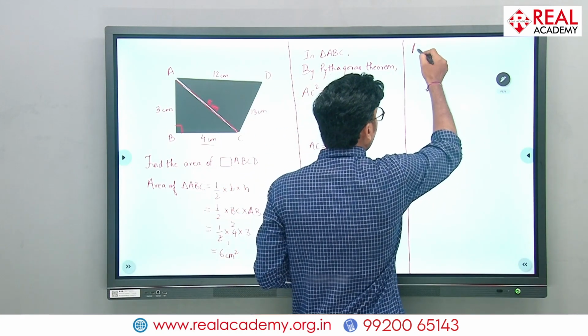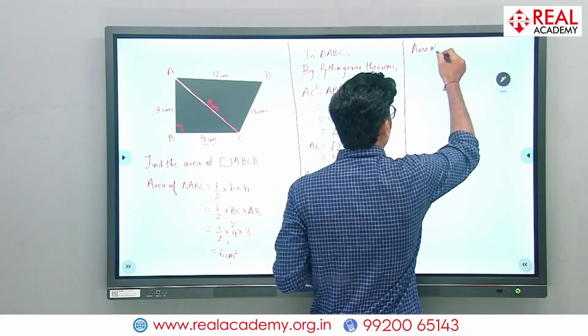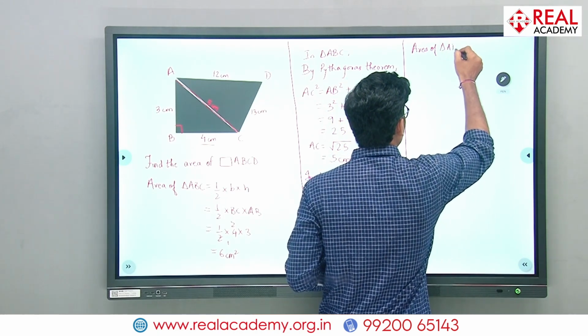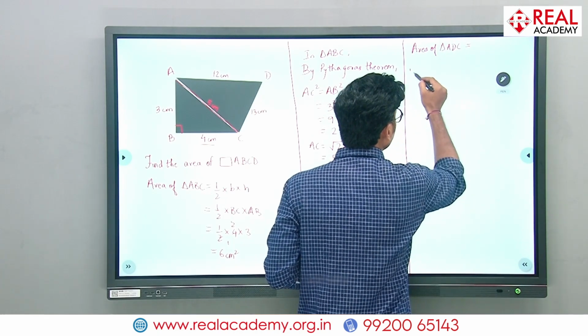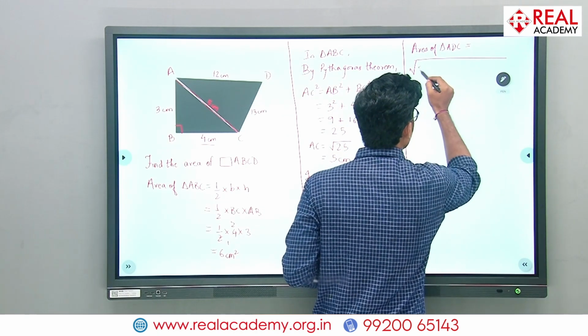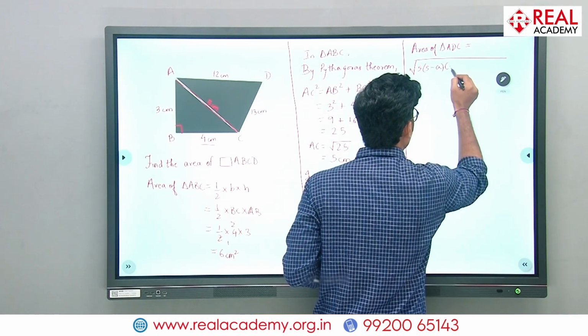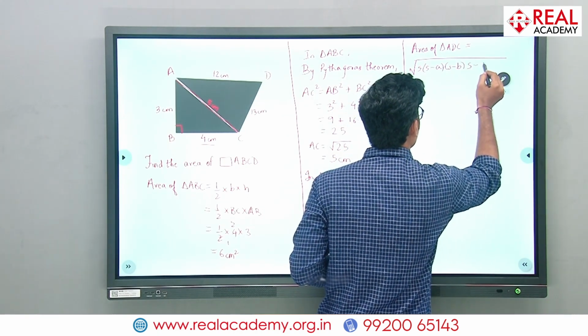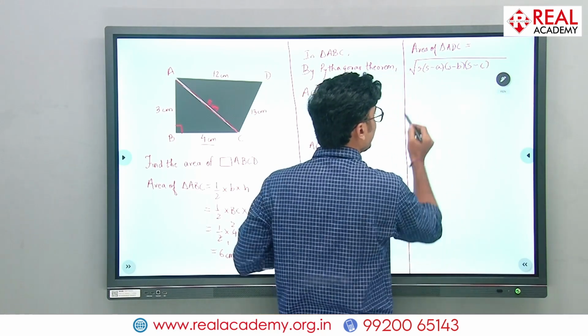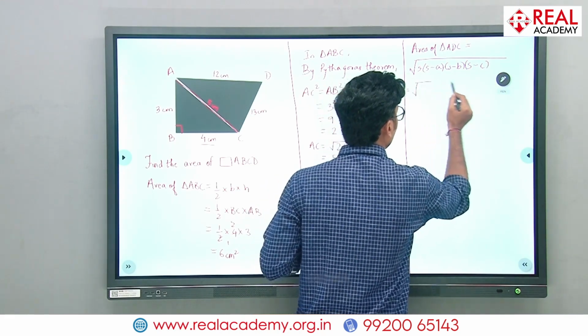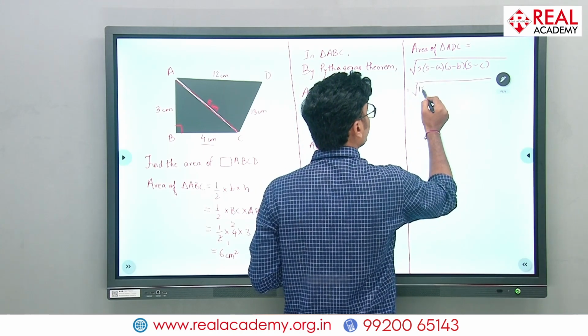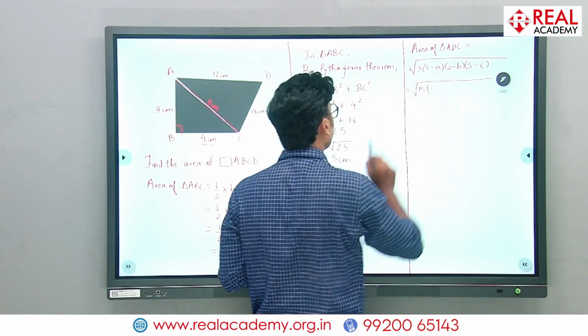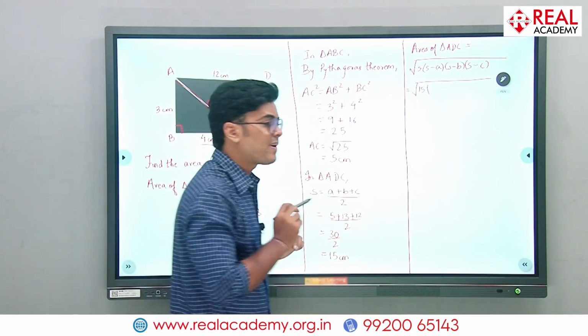So now the area of triangle ADC will be equal to, use the Heron's formula, that is square root of S into S minus A, S minus B multiplied by S minus C. Substitute the values here. Square root of S is 15 multiplied by 15 minus A, 15 minus 5.